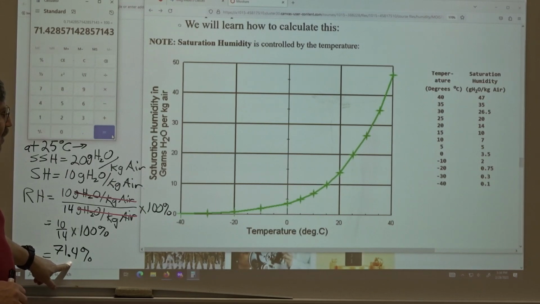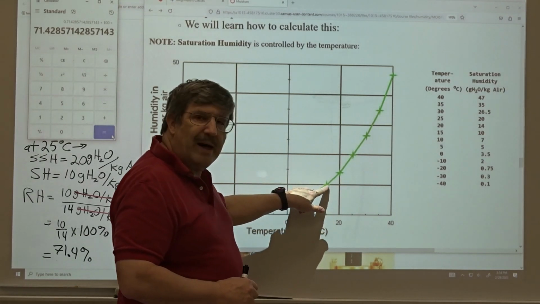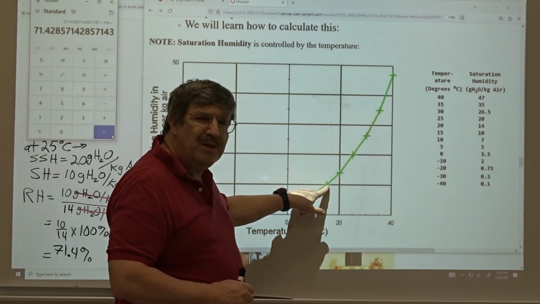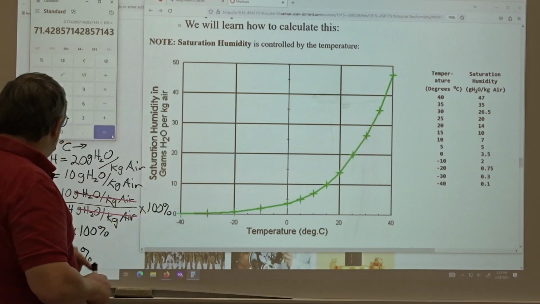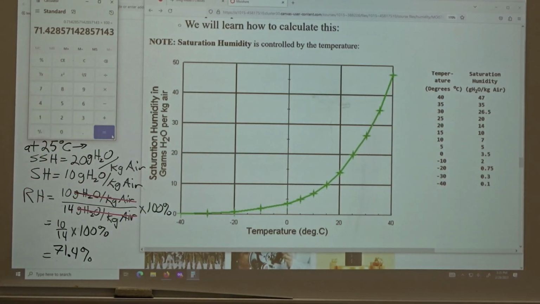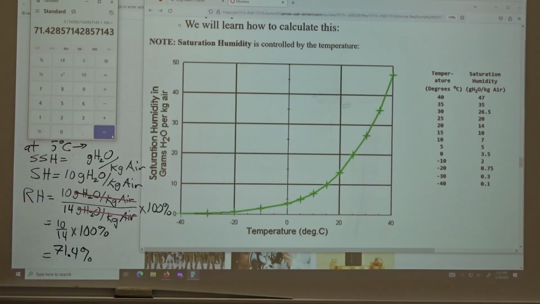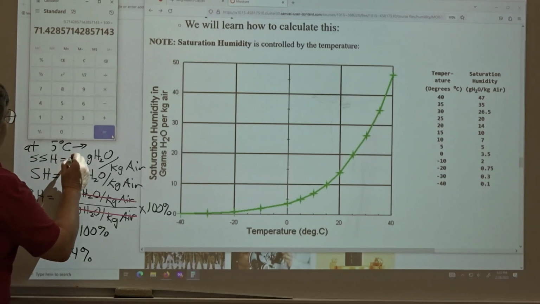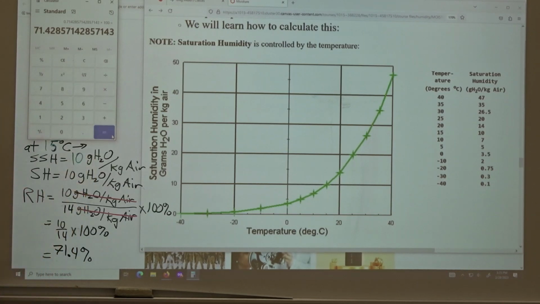If we decrease the temperature down farther to 15 degrees, notice that our saturation specific humidity at 15 degrees is now 10 grams of water. Our saturation specific humidity is now 10 grams of water per kilogram of air. And that means that, again, we have to redo these numbers.